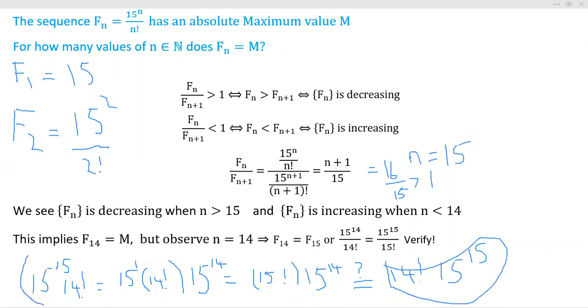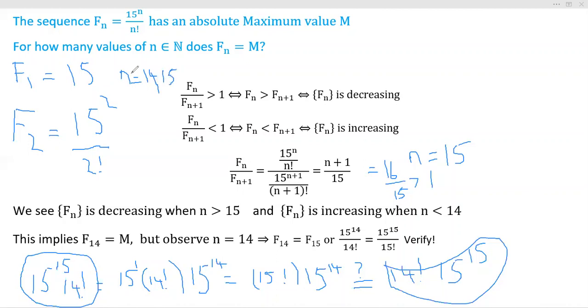So what's the answer to the equation? The answer is that we have two maximum values. It happens for n equals 14 or 15. Sorry, that is horrible. That's supposed to be 14, 15 right there.